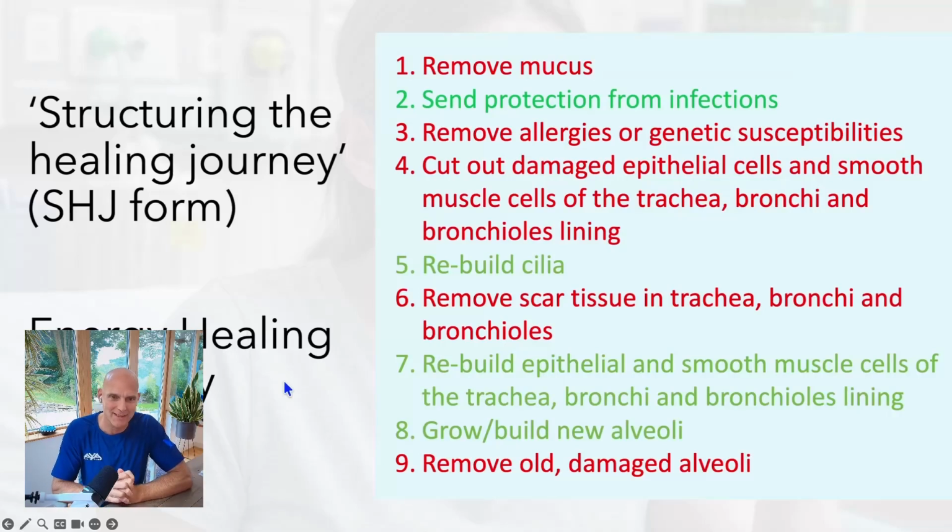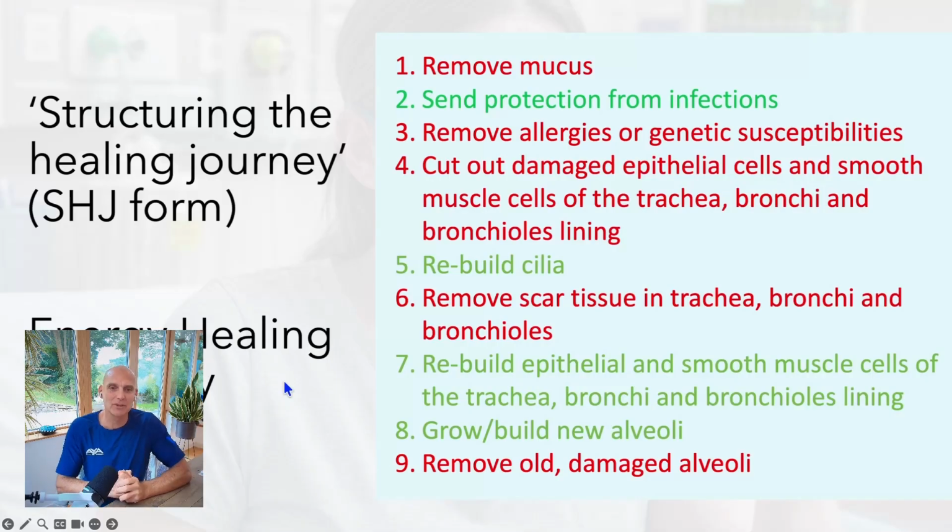Clear those airways. And number seven, we want to rebuild epithelial and smooth muscle cells of the airways, of the trachea, bronchi and bronchioles. We want to rebuild all that. And then eight and nine. Eight is building, or growing, new alveoli, because the old ones are too far gone.